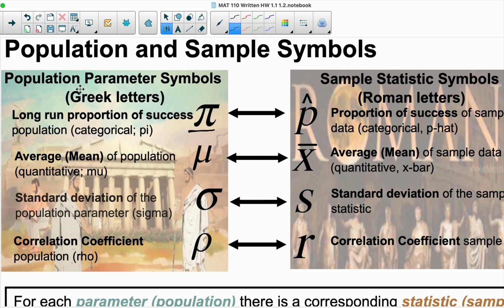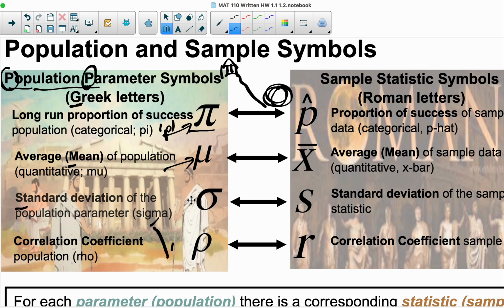So Greek letters go with populations, and I like to think of the Greeks standing up on the Acropolis, looking down on the population of Greece, okay? So populations have parameters, they use Greek letters, okay? The Greek letter for P is pi, okay? The Greek letter for M is mu.